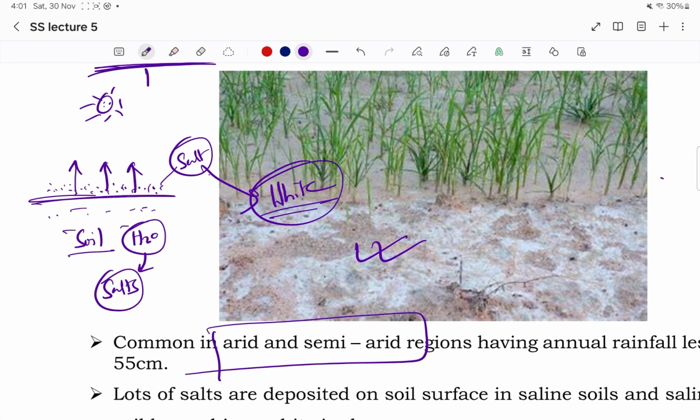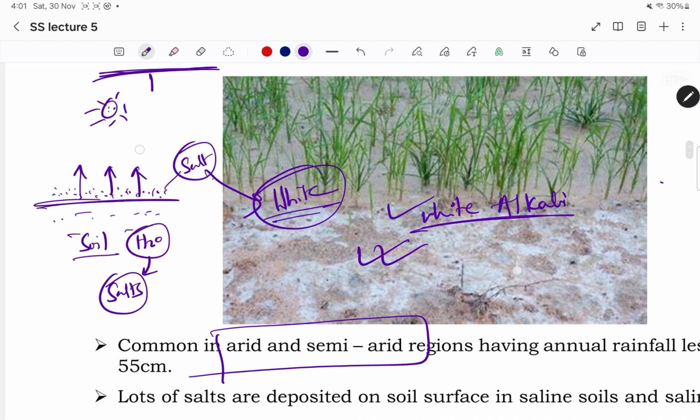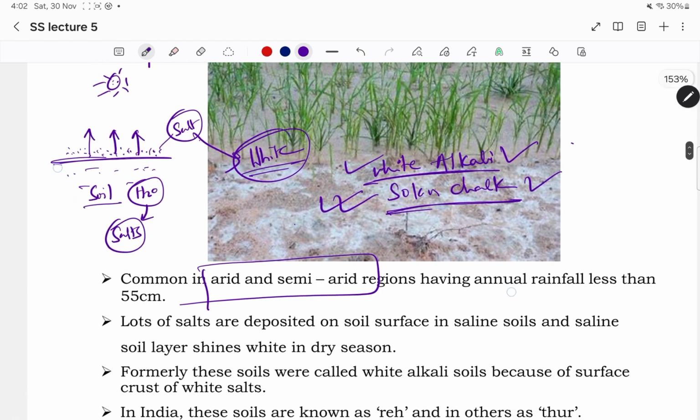That's why the saline soils are called white alkali, and they are also called solancha. These are the other names of saline soil. You please remember this.